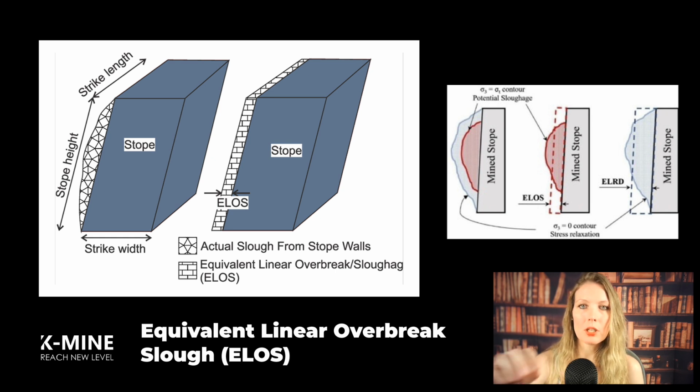This approach estimates the thickness of overbreak around the stope boundary, allowing for adjustments in stope dimensions to minimize dilution. Research indicates that using ELOS predictions to refine stope boundary placement, we can reduce unwanted waste extraction by up to 15%, and it would lead to a significant increase in processing efficiency.